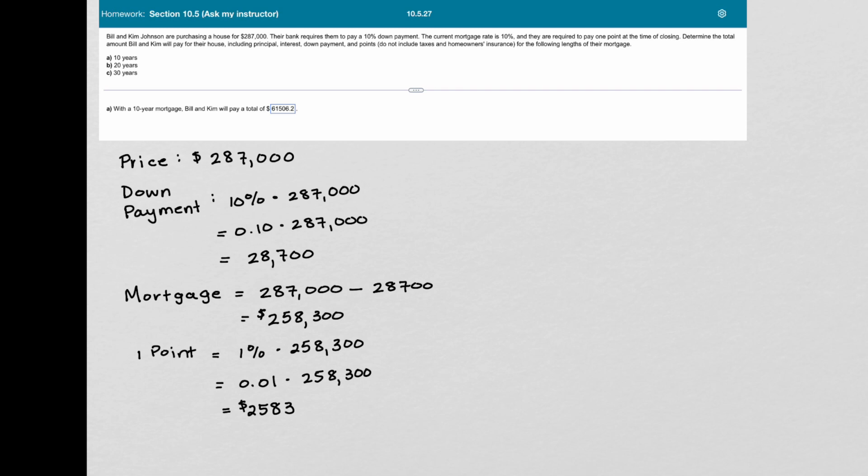So now we're ready to find how much a monthly payment is going to be for each of the terms of the mortgage. So let's start with 10 years. There's a 10-year mortgage. Then the monthly payment is calculated by taking the principal times the rate over the number of compounding periods, or the number of times a year you make a mortgage payment.